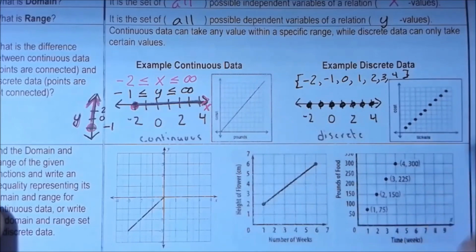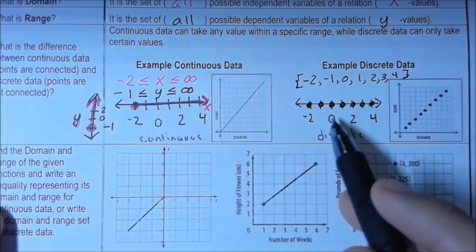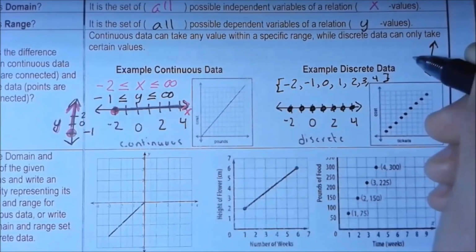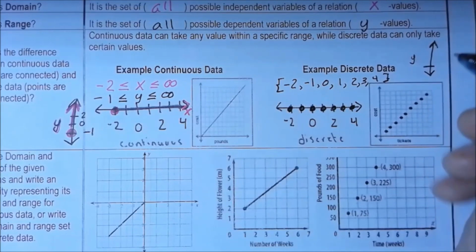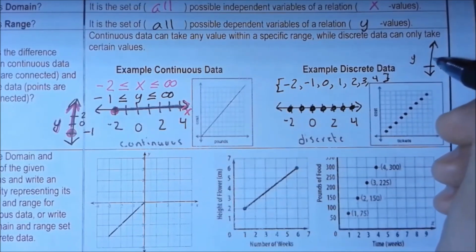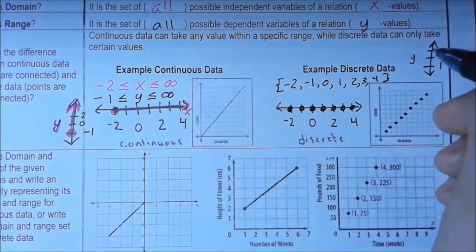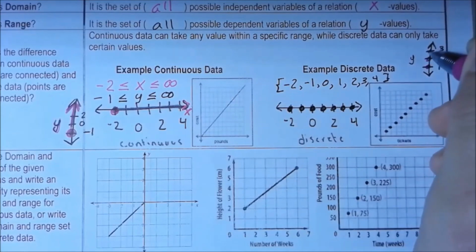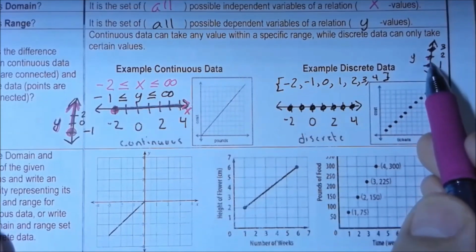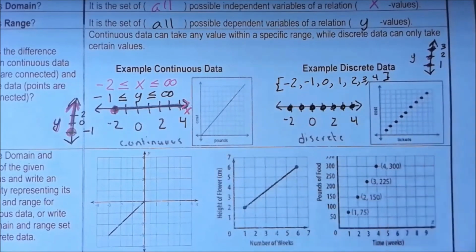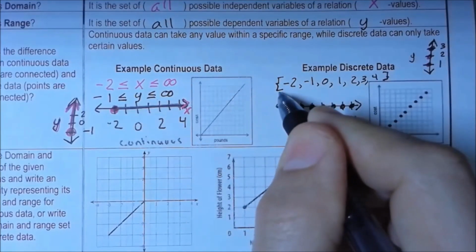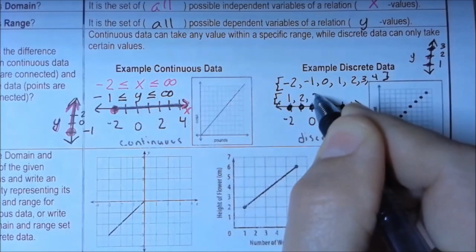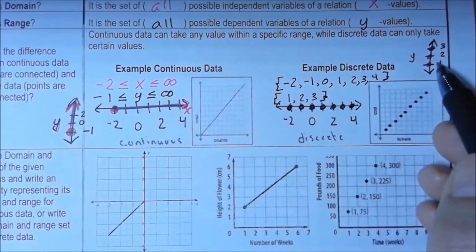Now let's say, hypothetically, because this graph is really small and hard to see, I'm going to make a number line representing y. Let's say it started at 1, and then went to 2, and then 3, and we had 3 points on that number line. If we wanted to write our range, we would have a bracket, and then just the values 1, 2, and 3, because that's as far as it goes.